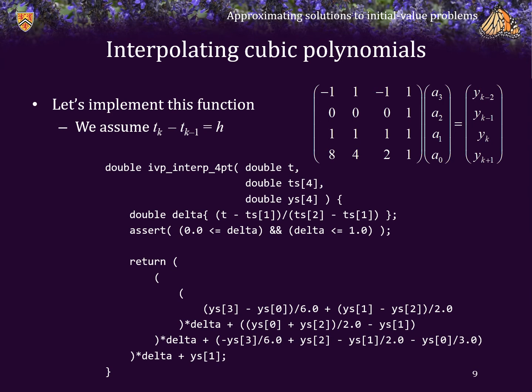At that point, we can solve the above system of linear equations. We get the solution down there, and we use Horner's rule to evaluate it. And again, note that delta is a value between 0 and 1, so it will hopefully be reasonably small, and subtractive cancellation hopefully will not be an issue.